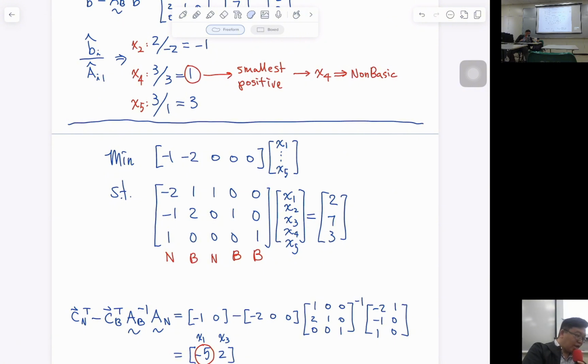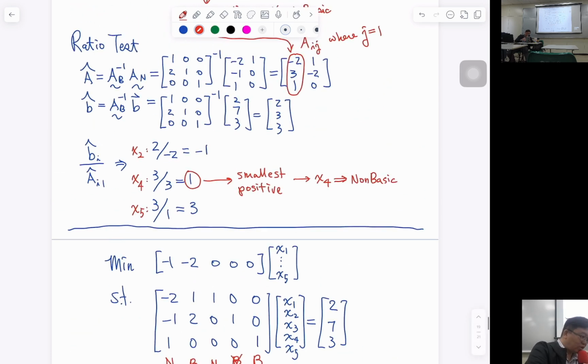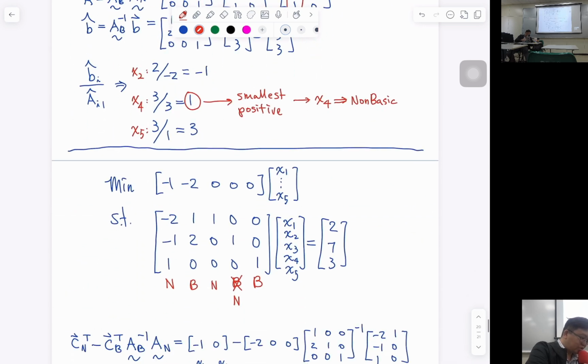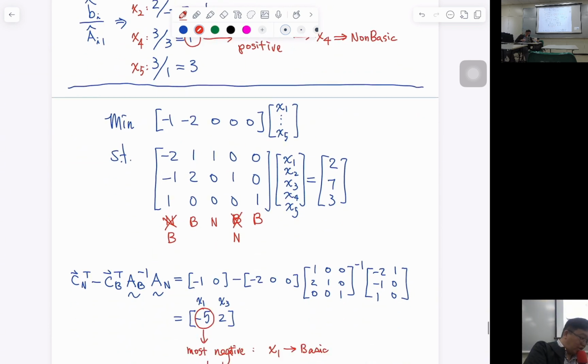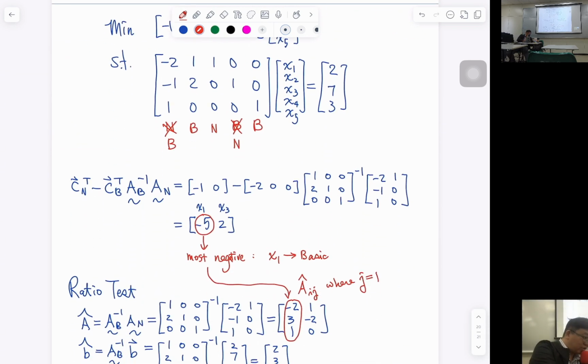Now x4 is non-basic, right? And x1 is basic. So this is a new choice. And you can do the rest.